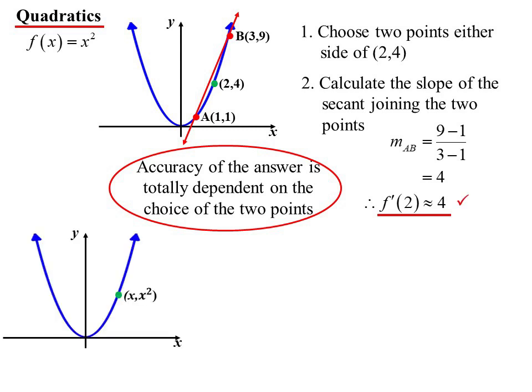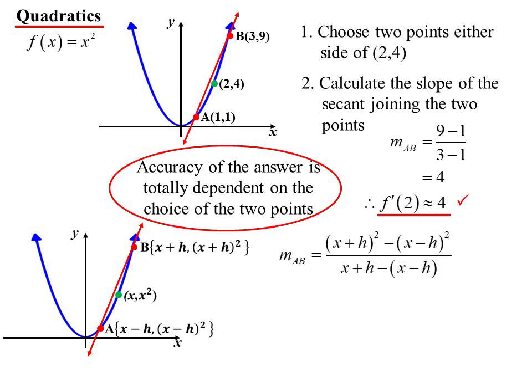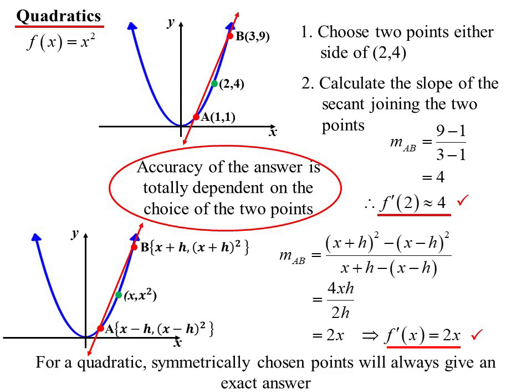If I've got y equals x squared, and any point on the parabola, and I pick points the same distance either side, one at x plus h and one at x minus h, then I could generate a formula and it turns out to be 2x, and that is the gradient function for the parabola y equals x squared. Again, it worked because of the symmetry of choosing those points, and that's fine for a quadratic.